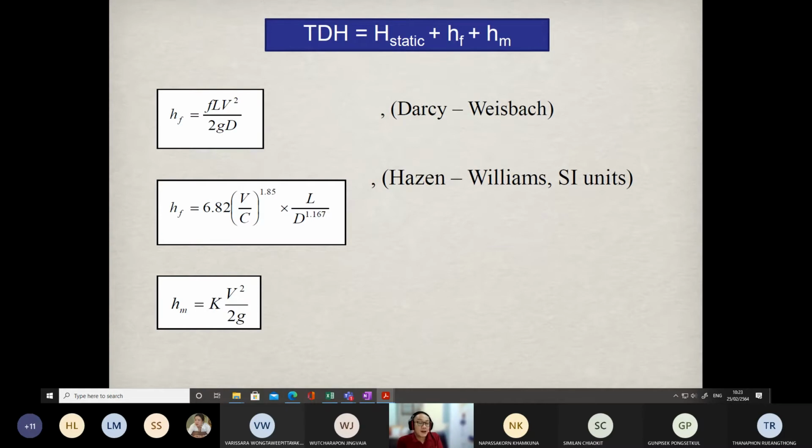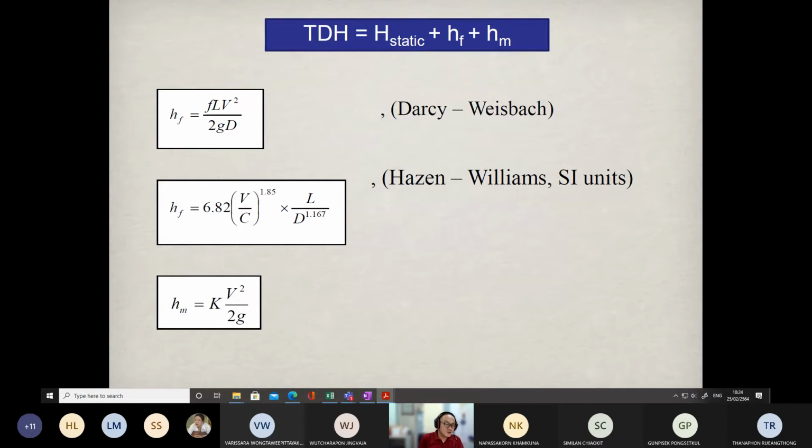But in water supply engineering work, mostly the liquid we are dealing with is water. Water is quite clean. The viscosity is not very high. So it is much better to use the equation called the Hazen-Williams equation to determine the head loss, if the liquid is water.